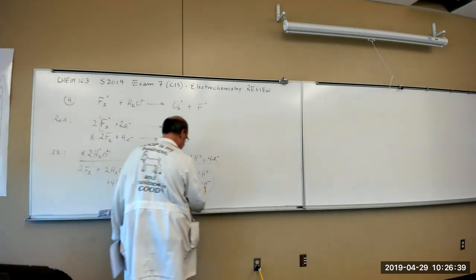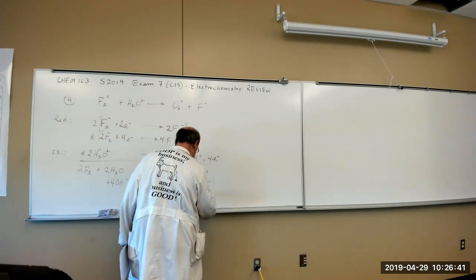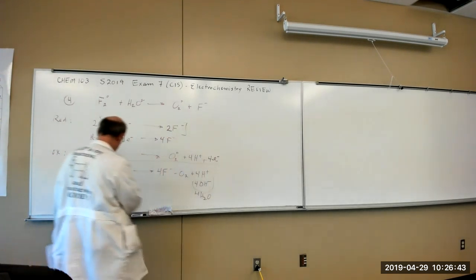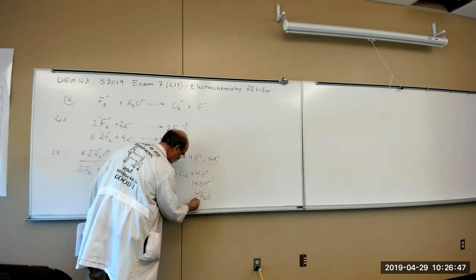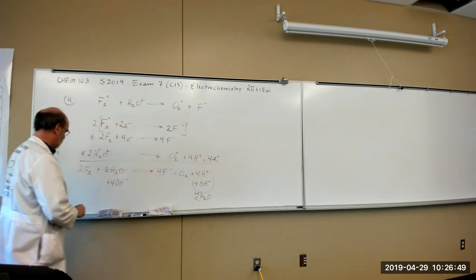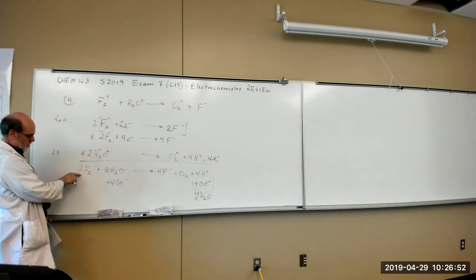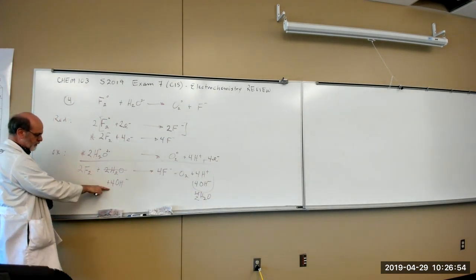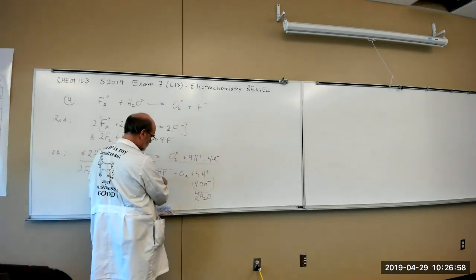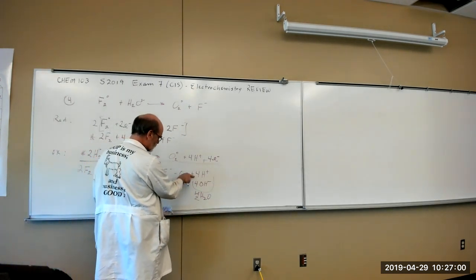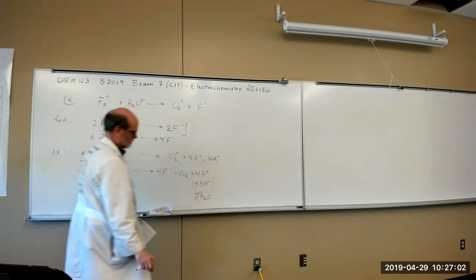So this is water, 4 waters. We got 2 waters over here, so those 2 cancel, leaves us with 2. So our balanced equation is 2 F2s plus 4 hydroxyls yields 4 F minus plus O2 plus 2 water.